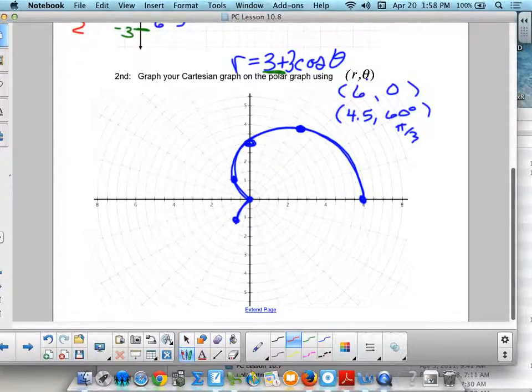Do you see symmetry? Hey guys, look at this point right here. You see that point being symmetrical over the x-axis? What do you think about this point right here that's up? It looks like it's up 3. Where is it going to go? It's going to go down 3. This point should be mirrored over.